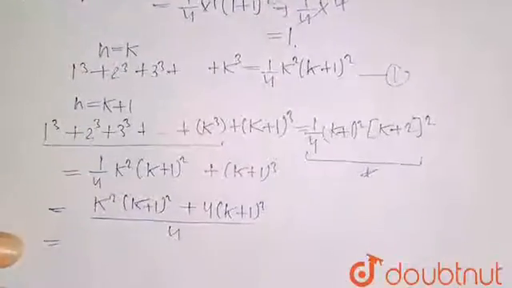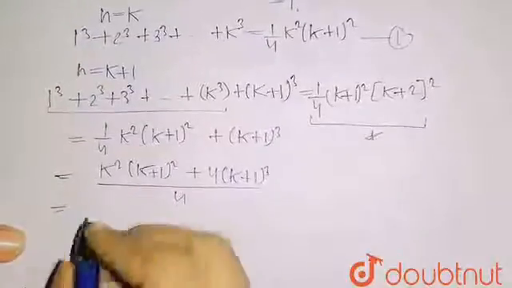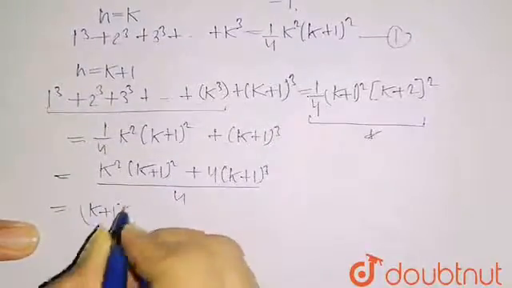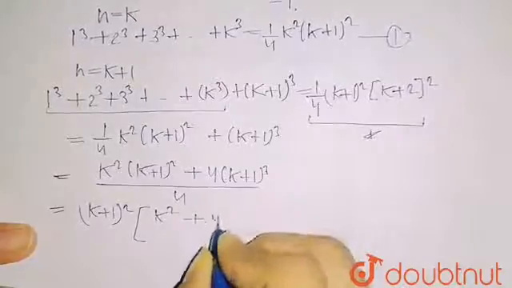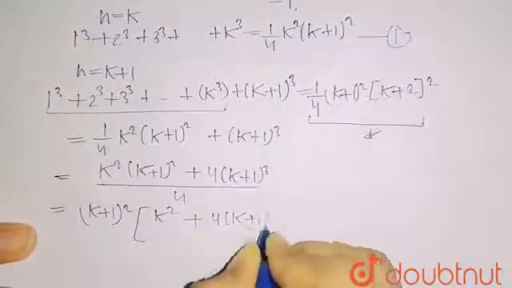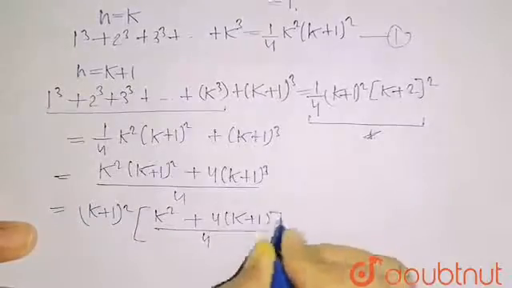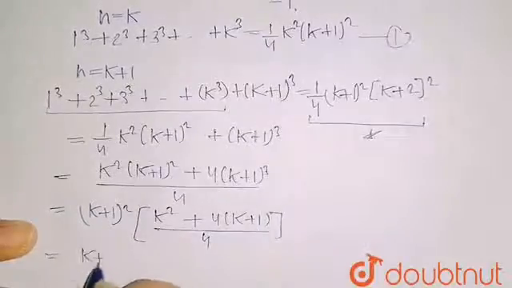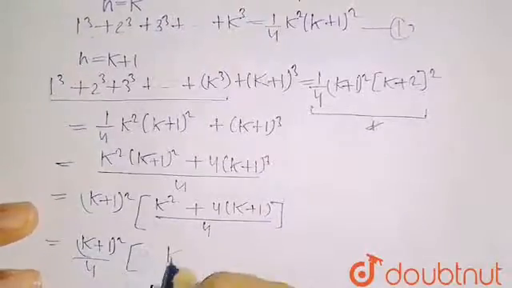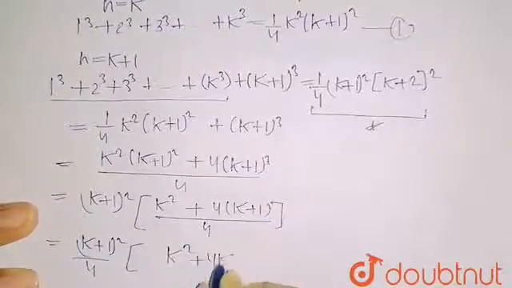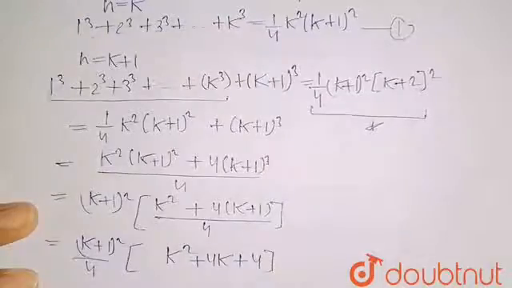So you can take (k plus 1) whole square common. My (k plus 1) square will be common, and I will get k square plus 4 (k plus 1) upon 4. (k plus 1) whole square is common. Take 4 also out, so it is k square plus 4k plus 4.